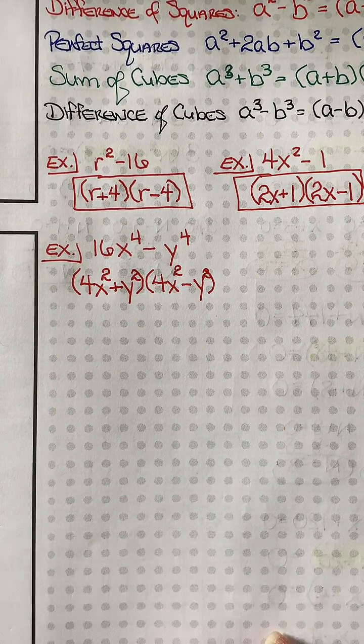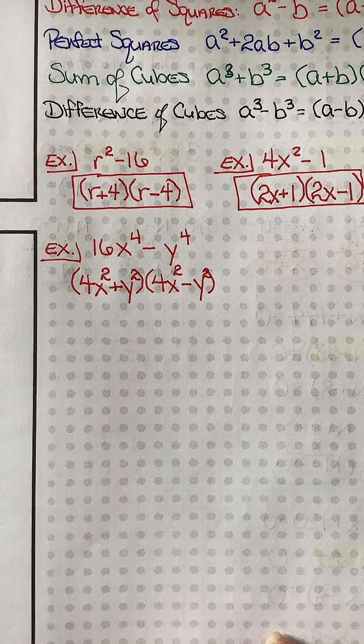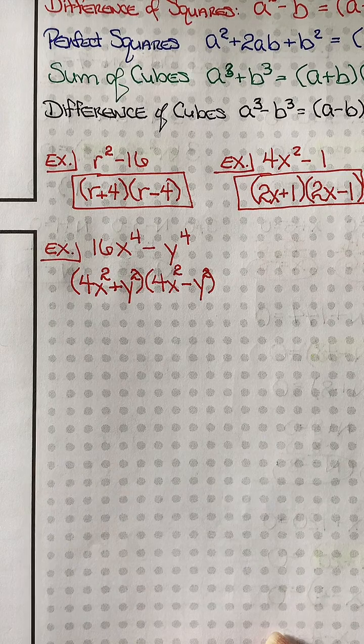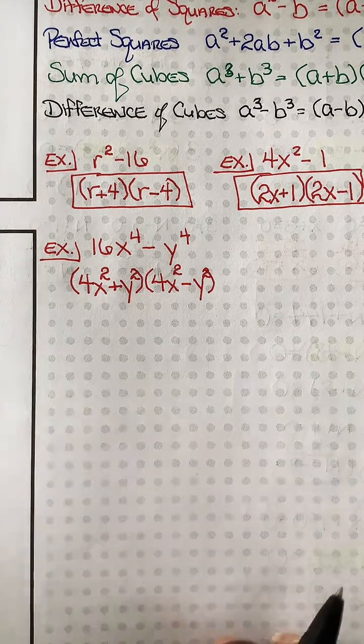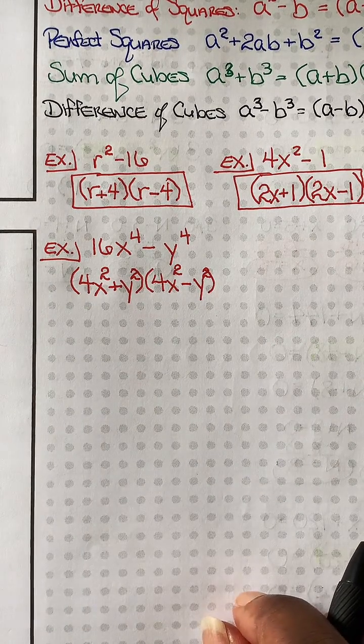What do you notice? We can refactor. We've got a difference of squares. Yes, Jennifer.